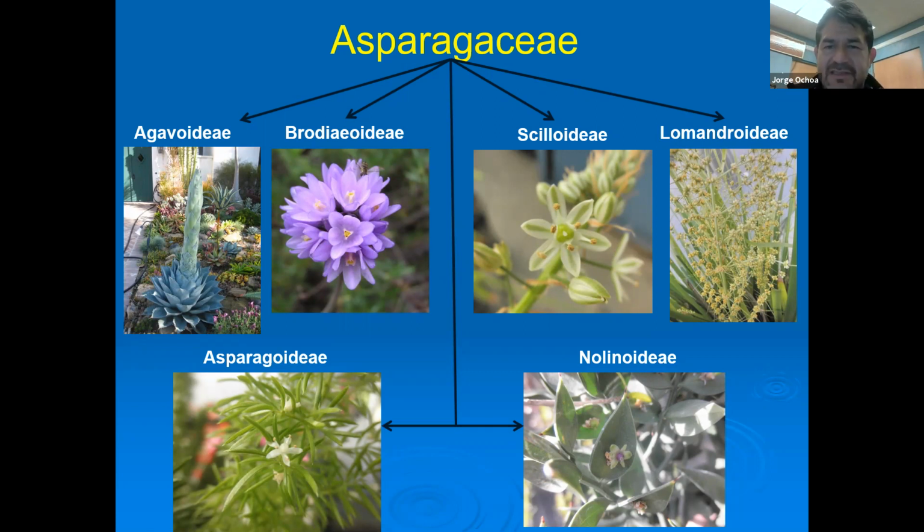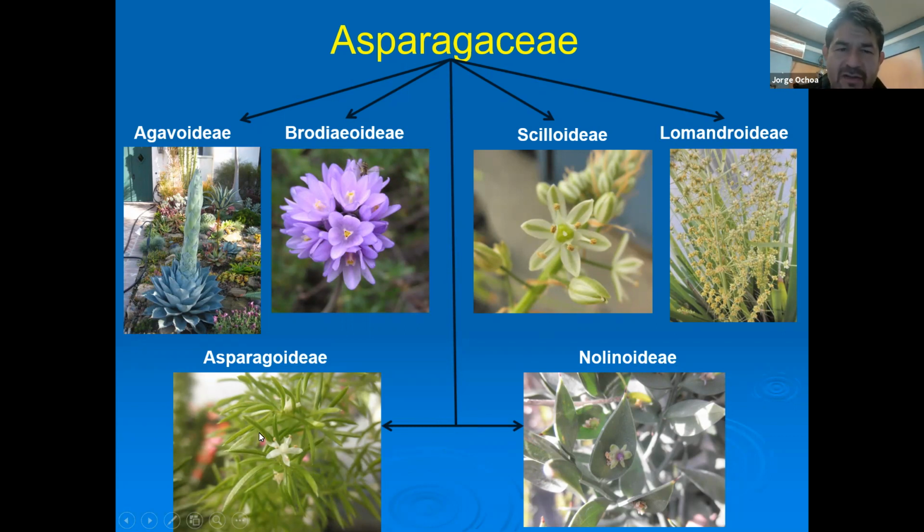And then we have the subfamily Scilloideae, which is going to be represented by the Ornithogalum, or they call them Star of Bethlehem, and a few others. And then we have the Lomandroideae, which is going to be known by the type specimen Lomandra, which is native to Australia.